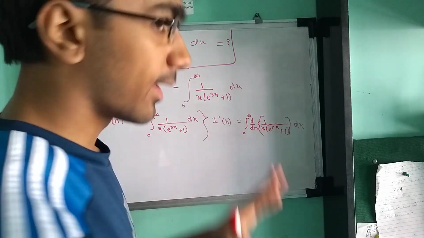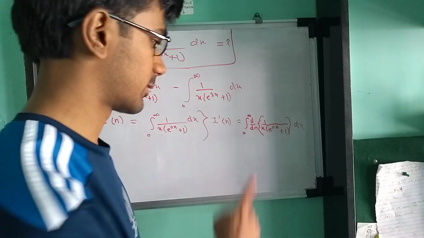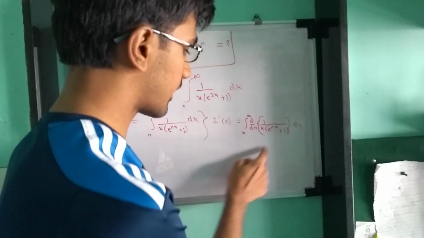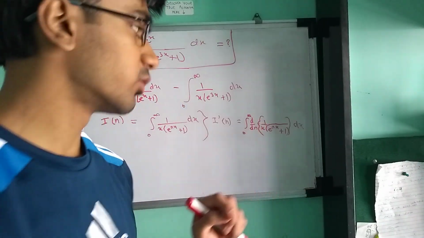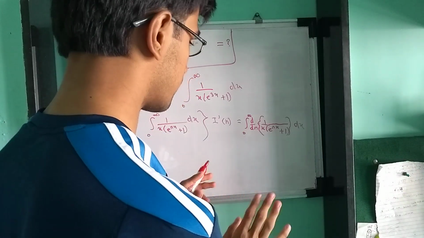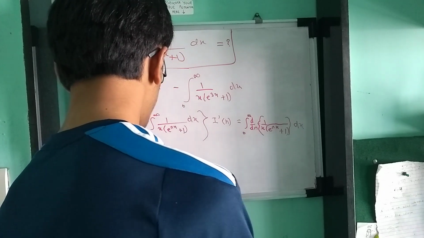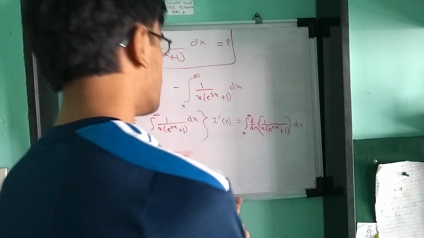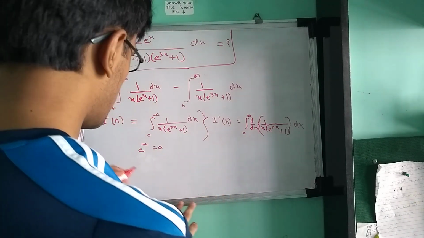Now, n and x are constant with respect to each other. So I can just take x out, okay? Also, I'll write e to the power x as a to make things look simpler. Right? E to the power x I'll write as a and I'll take x out. So what will that give me?